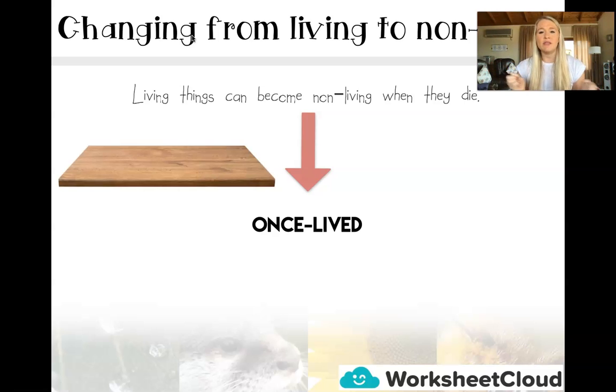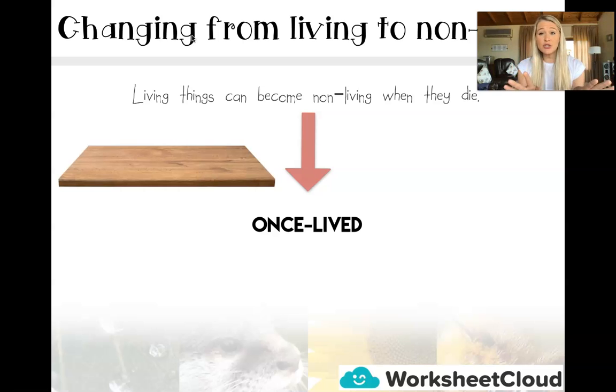And you probably think, okay, trees we know would be classified as living because trees perform all the 7 life processes. But now, this piece of wood has been cut from a tree. It's probably been varnished and sanded, and it looks beautiful. Or this piece of wood is part of your furniture in your house. So now, wood and furniture, we classify as once lived.